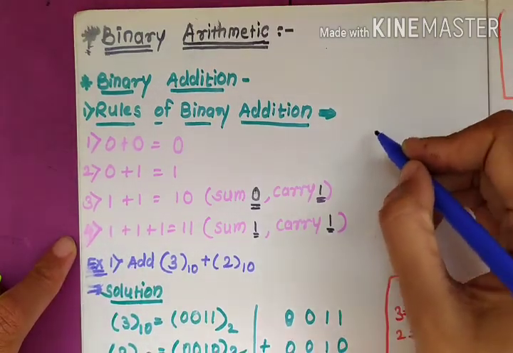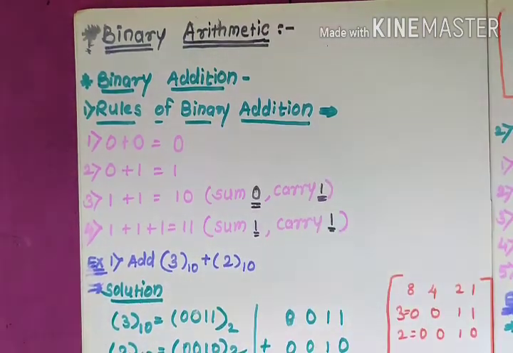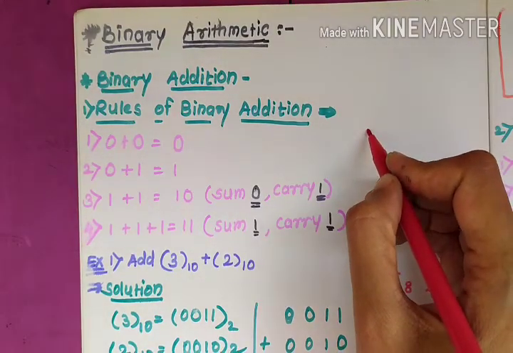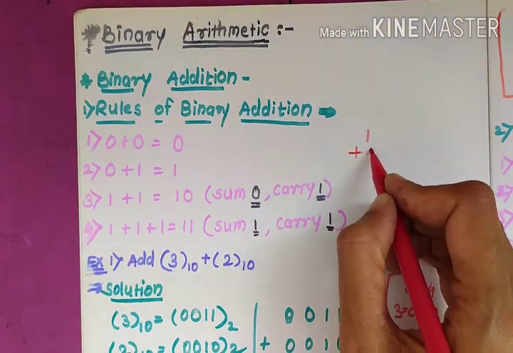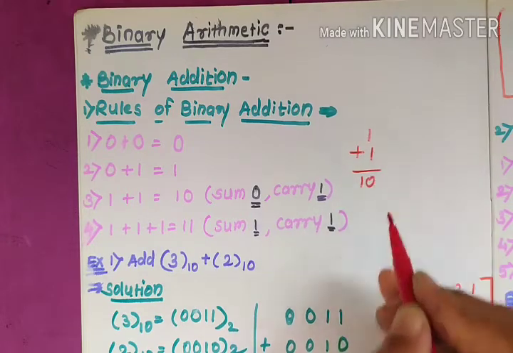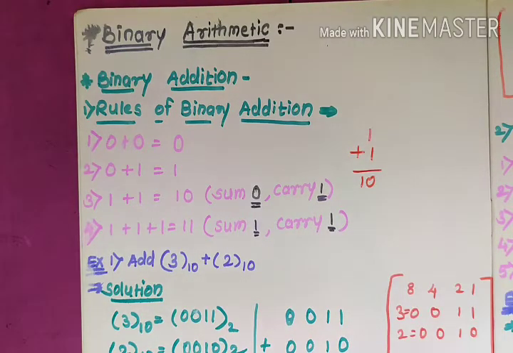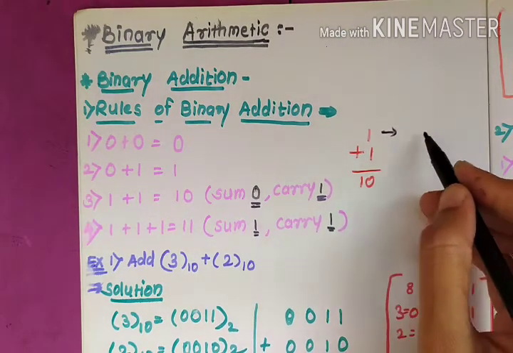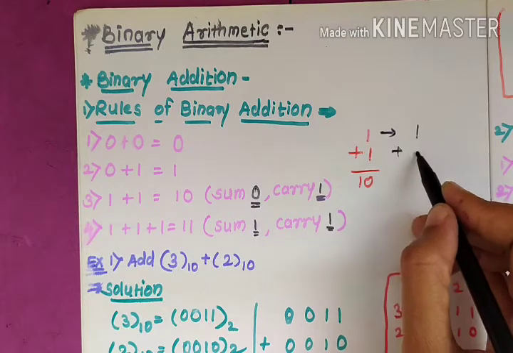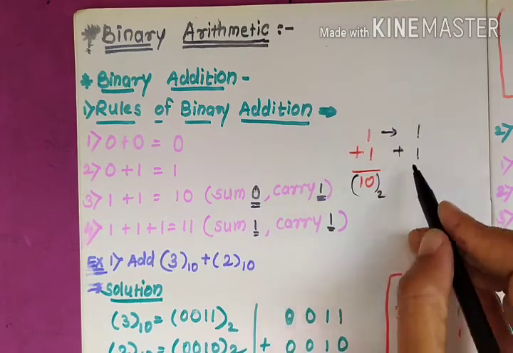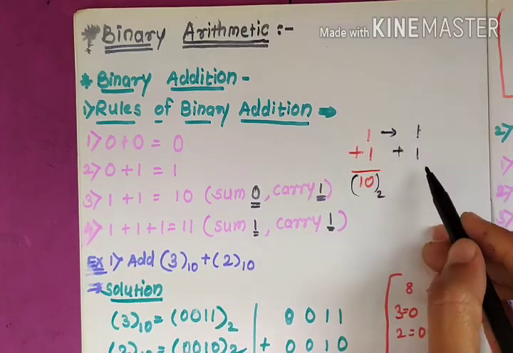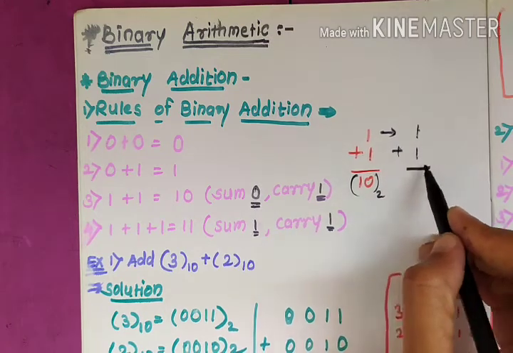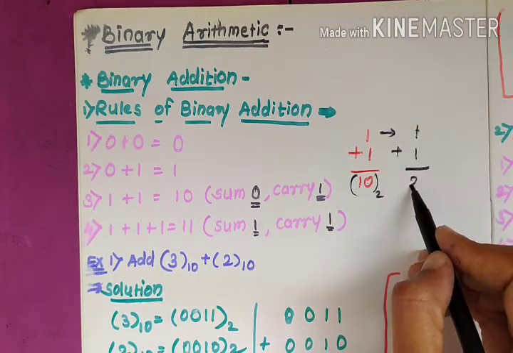Now let us see how this sum will be 10. In binary arithmetic, if we have to add 1 plus 1, it is 10. But how is it 10? Because if we write in decimal, this is decimal 1 plus decimal 1, and decimal 1 plus decimal 1 will be 2.